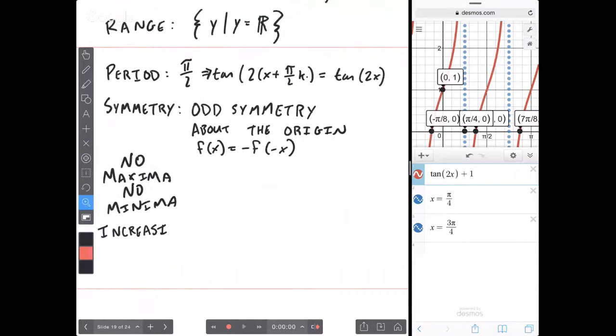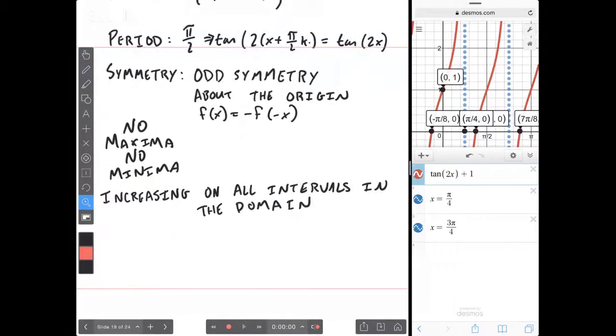The tangent function is increasing on all intervals in the domain. And let's see.